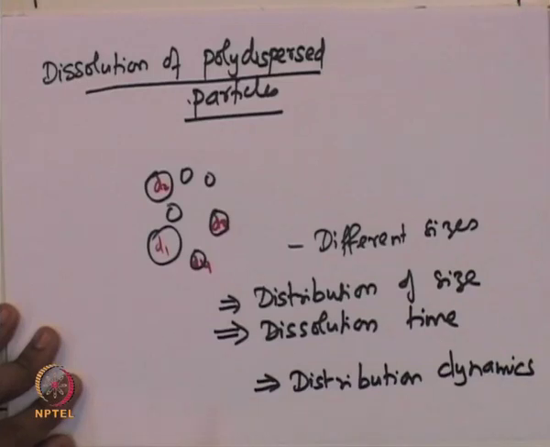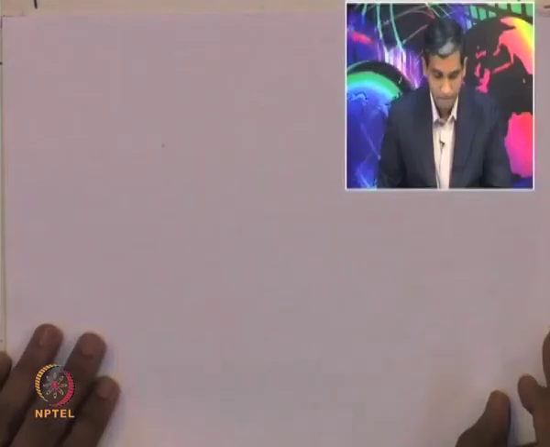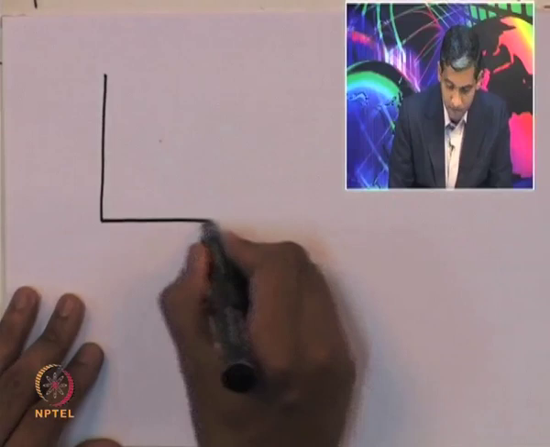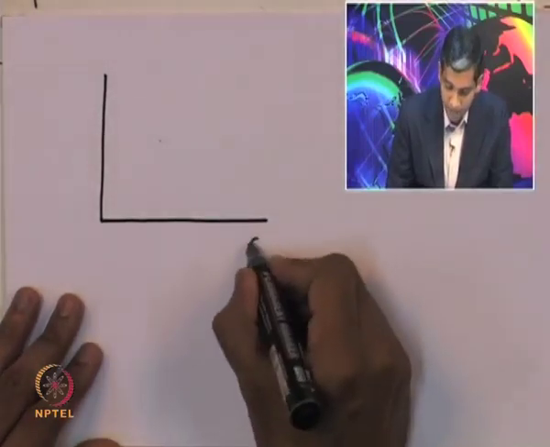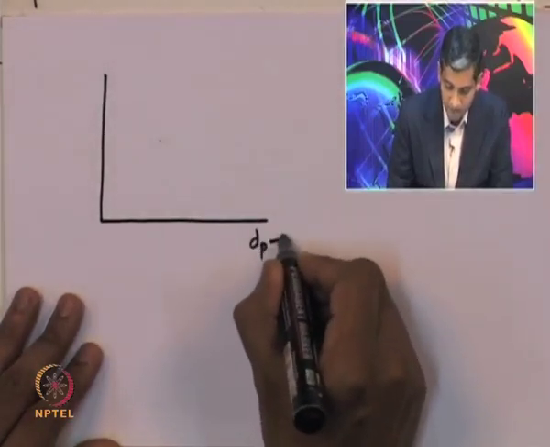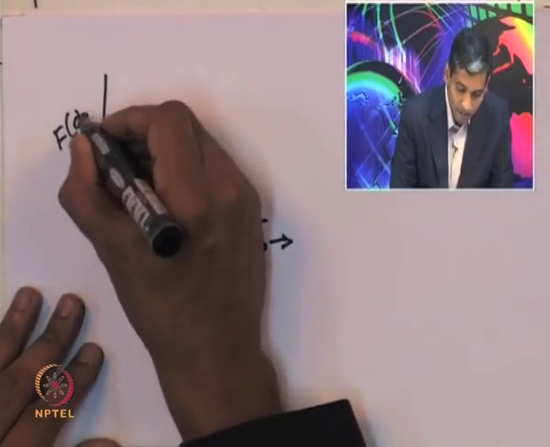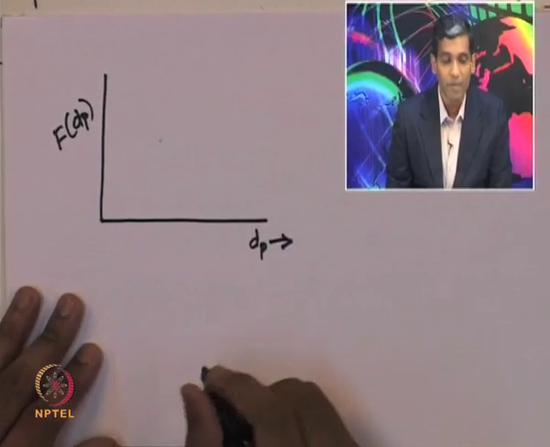So, let us look at what a distribution is. Suppose I look at the plane of number of particles versus the fraction of the number of particles that are of a particular size.